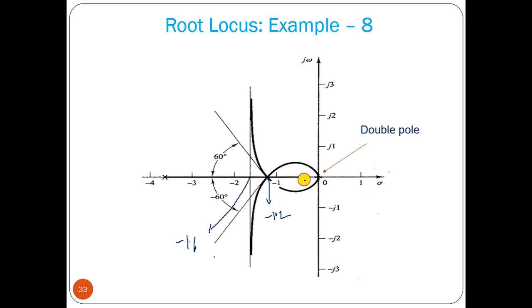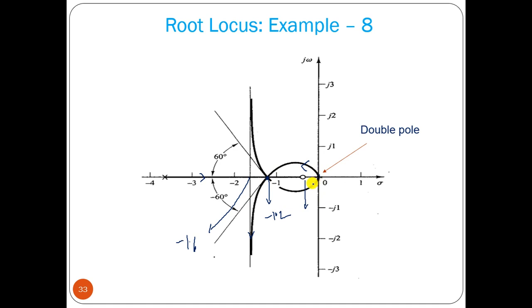This is your 0. Between 0 and the pole we have a breakaway real axis segment. This is minus 1.2. So this pole should approach this way, intersect at this point, and go along this asymptote line to infinity.